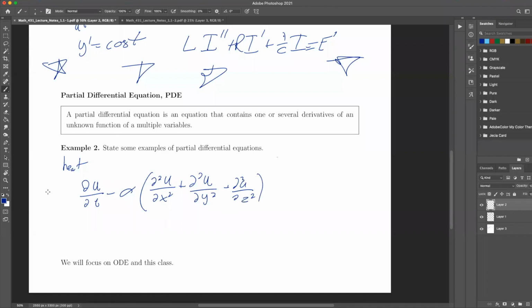We call this the heat equation, and if I set that equal to something, this becomes a partial differential equation. Here, we'll be focusing on ODEs in this class.